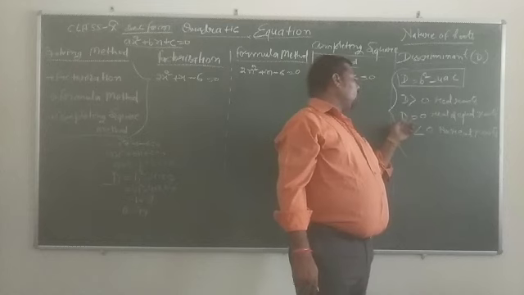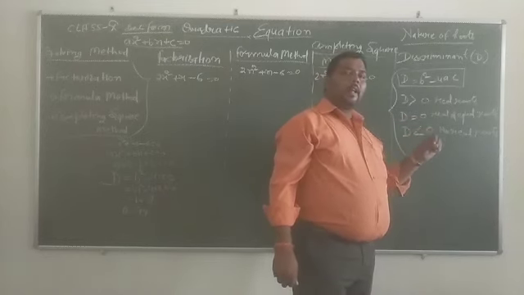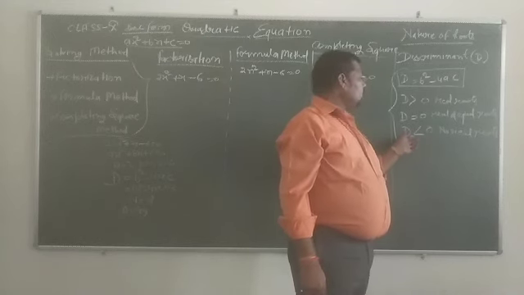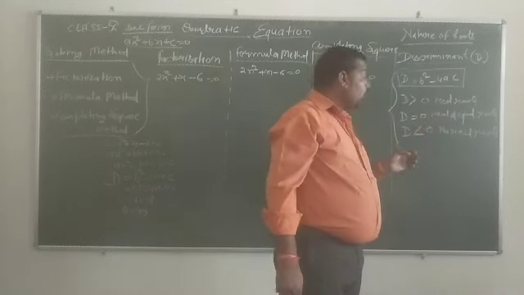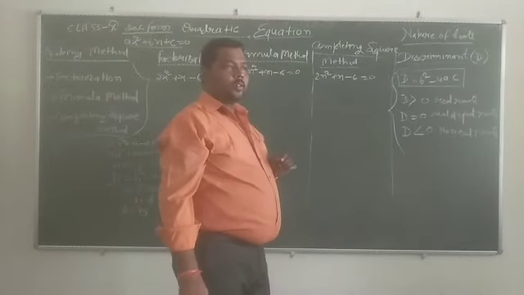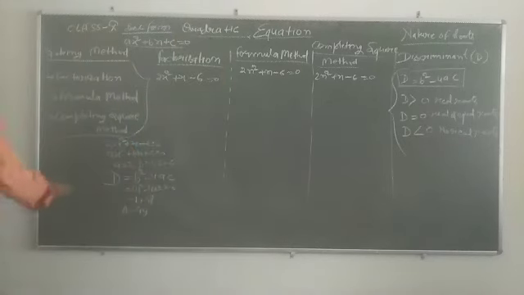If the value of D is equal to 0, then the roots are real and equal. Third, if the value of D is less than 0, that means a negative value, so there are no real roots but imaginary roots. Okay students, here you find the discriminant of this quadratic equation.